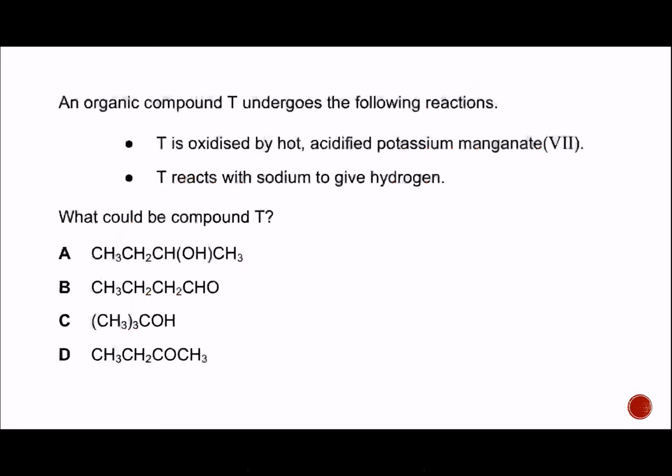All right, well, let's take a look at a Cambridge question. An organic compound T undergoes the following reactions. What could T be? So, let's take a look at what we have.